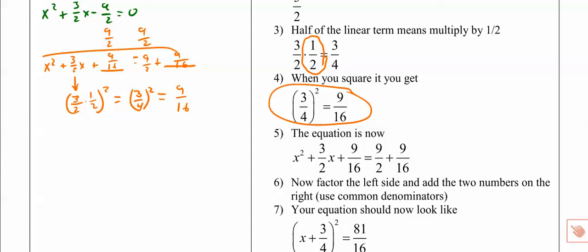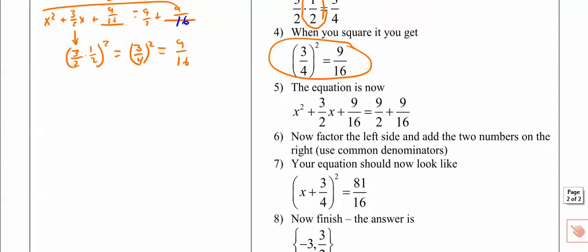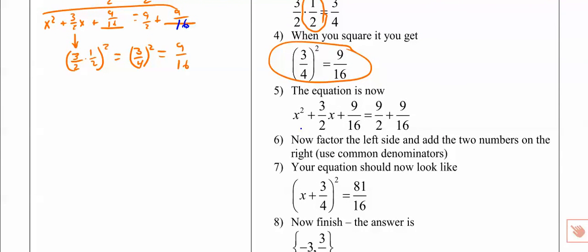Kind of hard to read there. Change the color. So 9/16. All right. That is where I am right here.